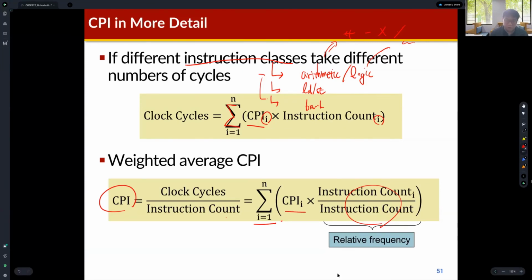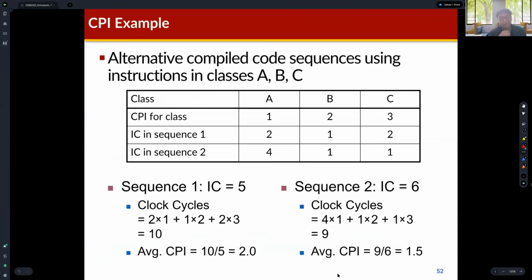So this is the CPI of instruction class i multiplied by the ratio of instruction class i out of the total instruction count. So this is the weighted average CPI. I believe you can understand with this example.